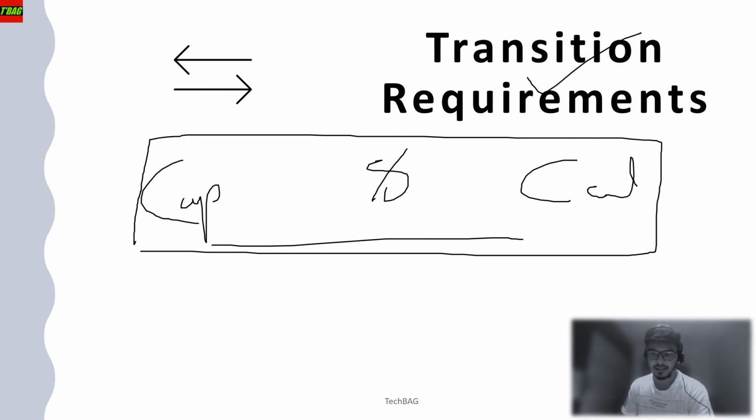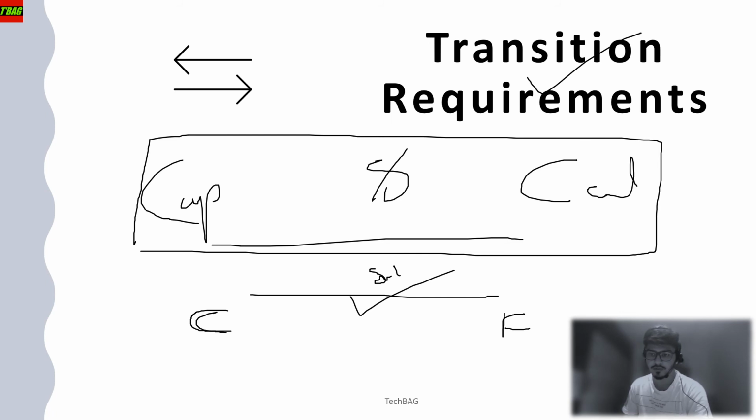When this happens, a particular process would move from a current state to a different state, that is, from current state to future state. So that's where the transition requirement is. So transition requirement describes the capability and the condition a solution must have to facilitate the transformation from current state to future state.